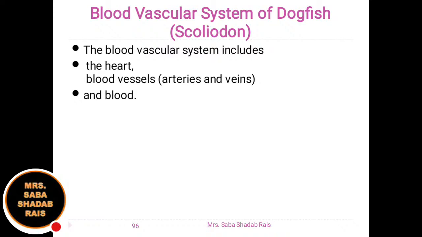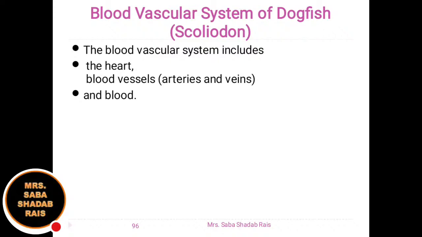So we will remember the circulatory system of any animal. Now we all know circulation is of two types: one is closed circulation, one is open circulation. If it is a closed circulatory system, the animal will have these three components only.